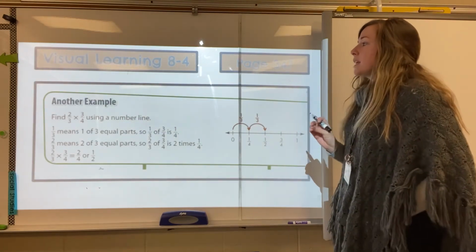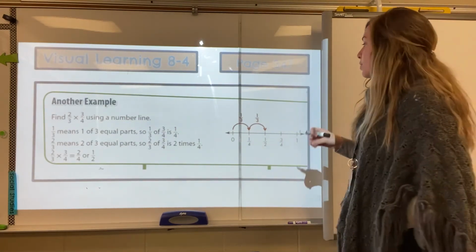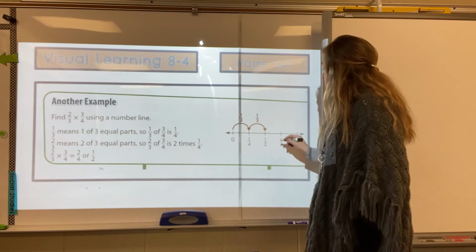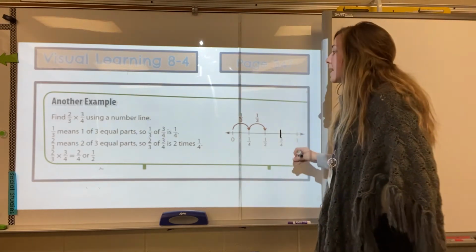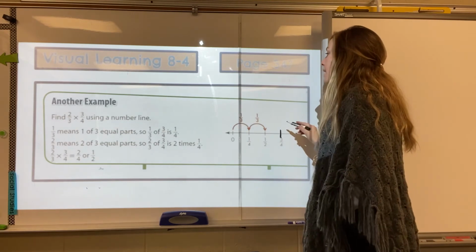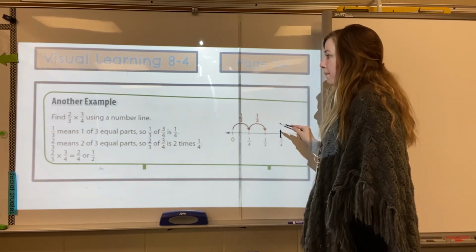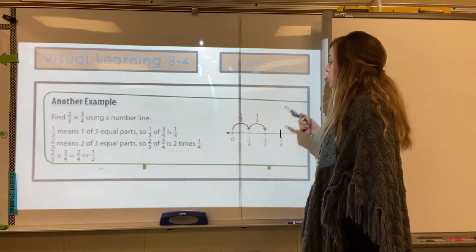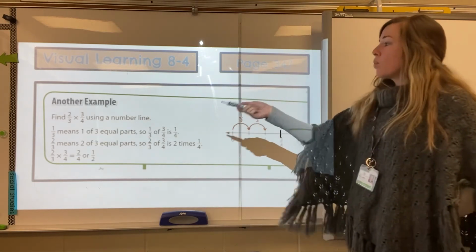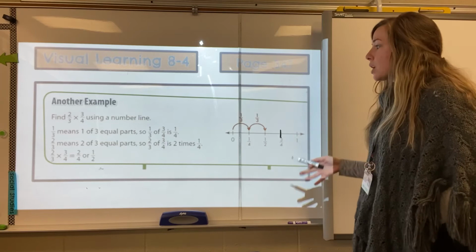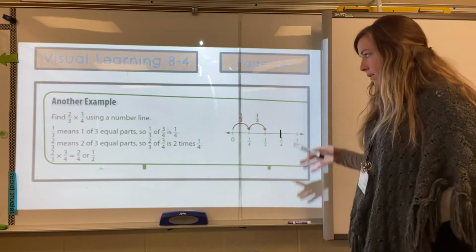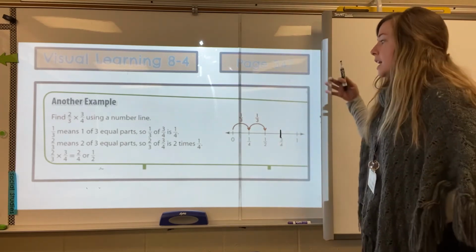So we're finding 2/3 of 3/4. So I first need to mark where my 3/4 is on the number line, and then I need to split up my fourths into thirds. So 1/3 means 1 of 3 equal parts. So 1/3 of 3/4, if you have 3 out of 4, is 1/4.